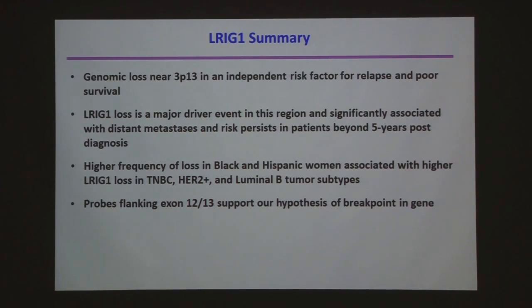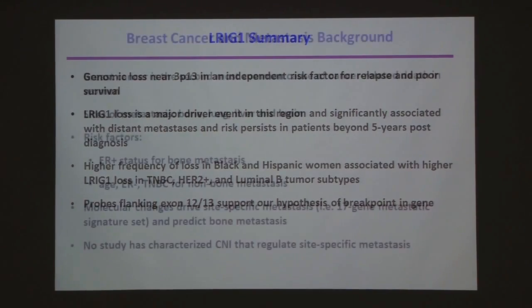If you went back and looked at those Kaplan-Meier curves that I showed you, if you had that gain, you would have a great survival, and you may not have to be treated as aggressively as you would if you had the loss. But also we think that this could be a druggable target, and we're working with others right now to see about possible targets for treatment.